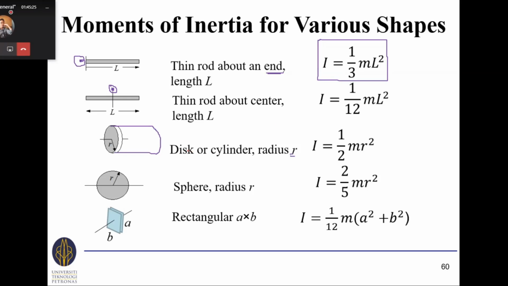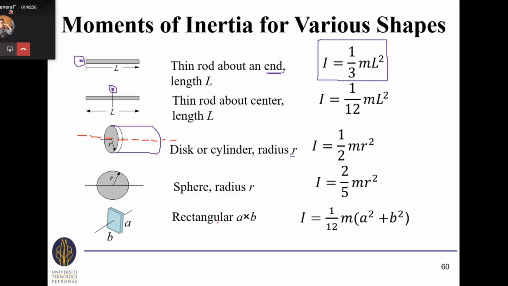And if you have a disc or cylinder rotating, the radius is like that, and this is the axis of rotation line. If it is rotating like that, your equation is half m r square. If the object is something like a ball rotating, then the equation is another equation, a little bit different.